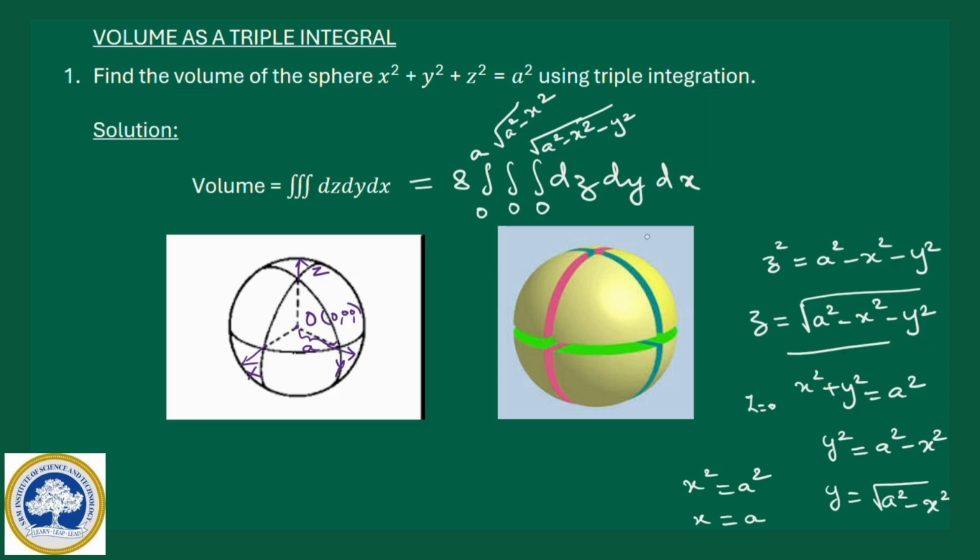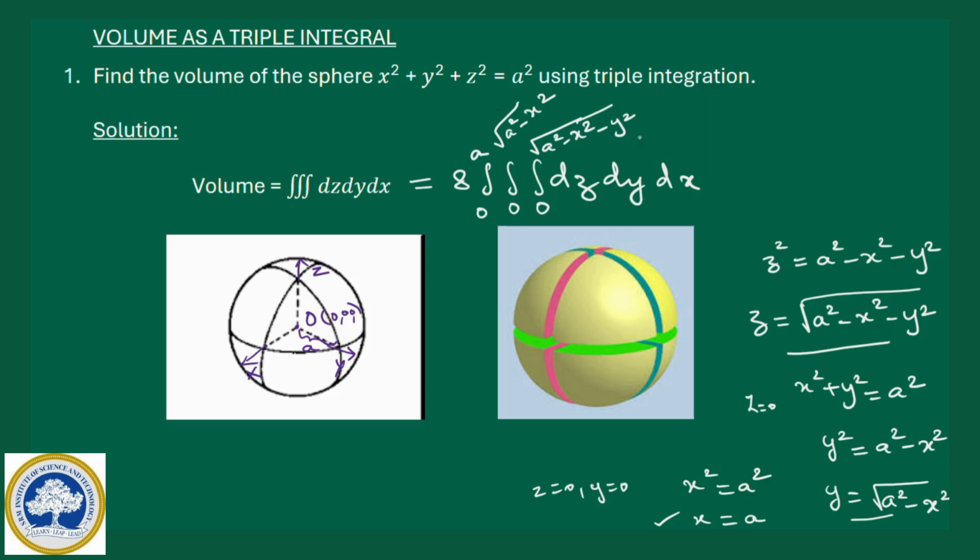If you put z equal to 0, the equation reduces to x square plus y square is equal to a square, and from that we can find y. Similarly, to calculate the limit for x, we put z equal to 0 and y equal to 0, so we get the limit for x as a. Likewise we have to find the limits for x, y and z.